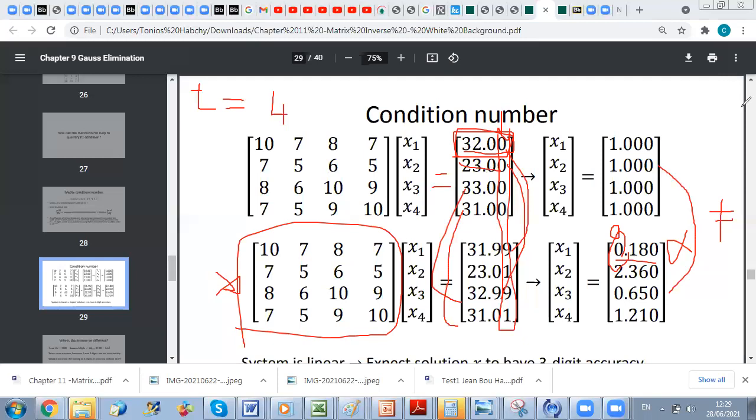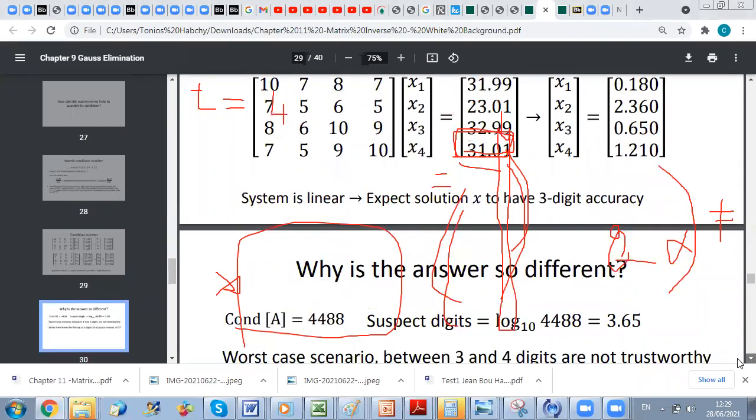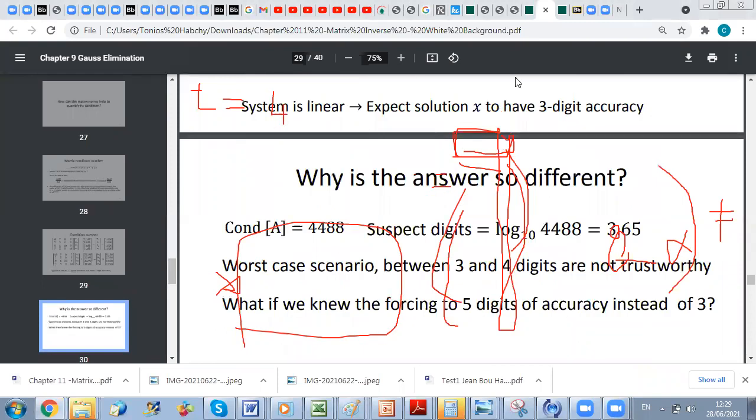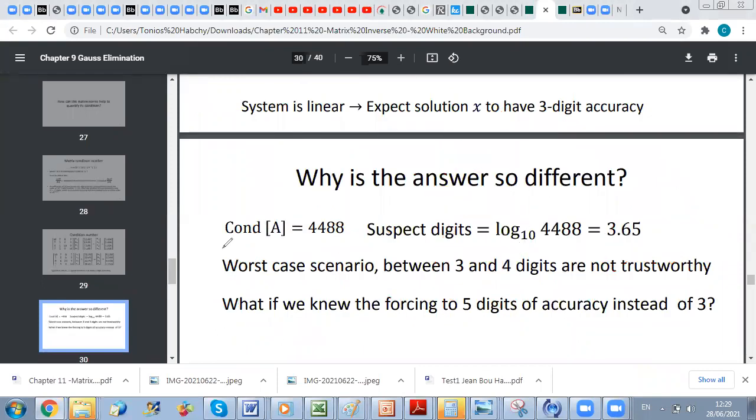I can expect how many digits I can trust using the following method: calculating the condition number of A. So let us together first find the condition number of A. And then once we have it, we can say that the number of untrusted digits will be equal to log base 10, so on your calculator, you do log base 10 of the condition number of A.